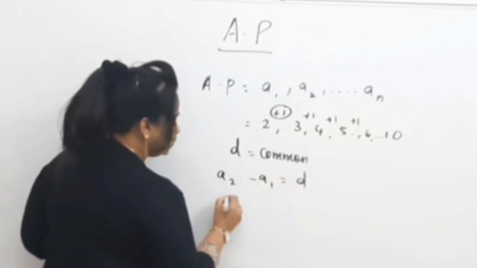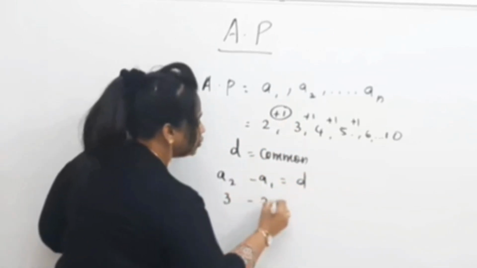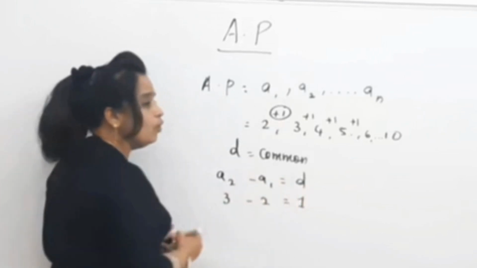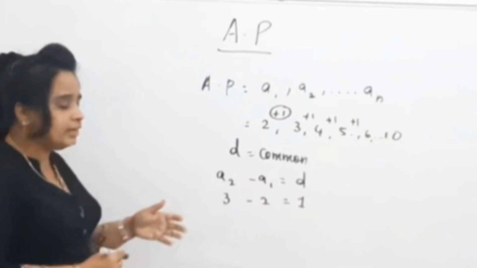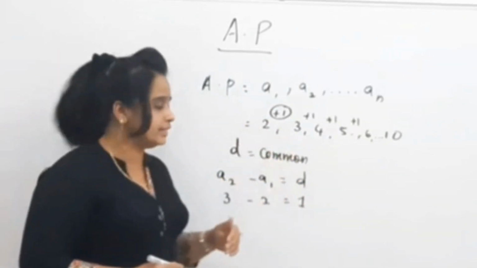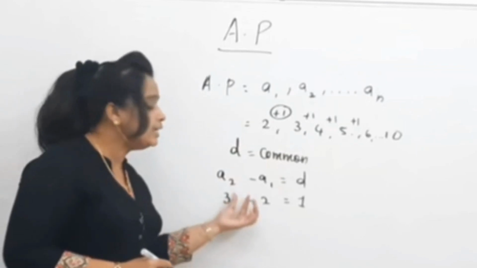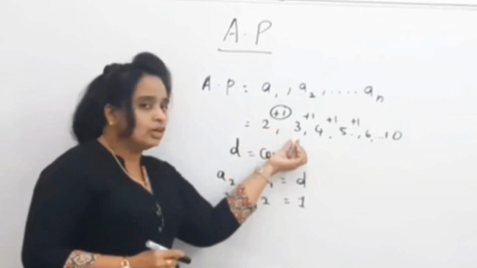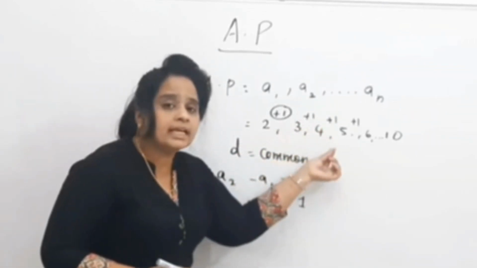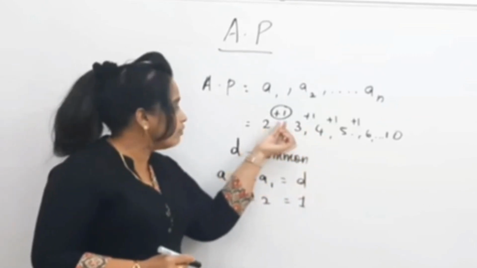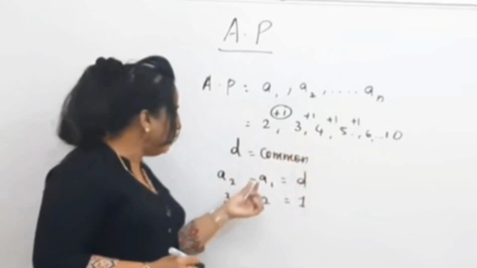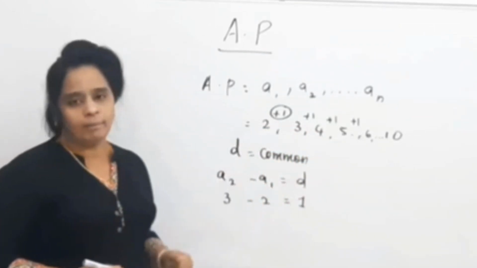Just look at this example, 3 minus 2, you get your 1. So, how do I get my common difference d in this finite series is just by subtracting any term from its succeeding term. Any term from its succeeding term, if you subtract, you get your common difference.